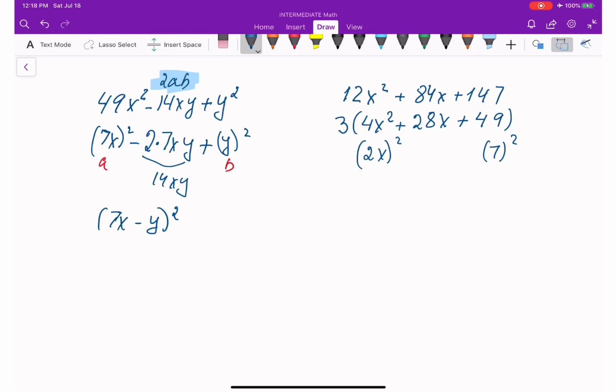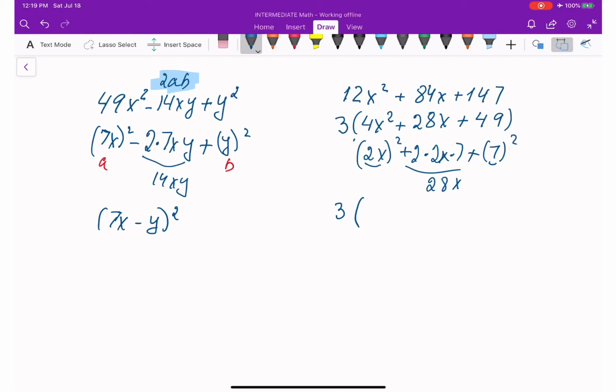So let's check if we get 2ab here. Plus 2 times. My a is 2x. My b is 7. So 2 times 2 is 4. 4 times 7, 28x. Excellent. So we got the perfect square formula. So 3 taken out stays out.